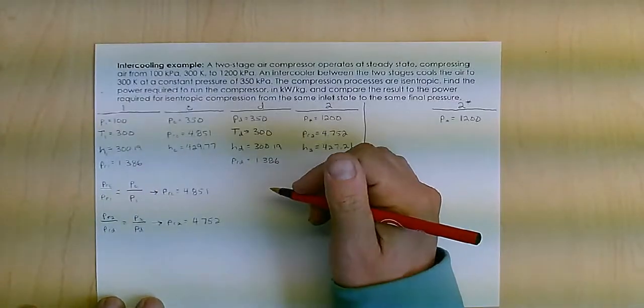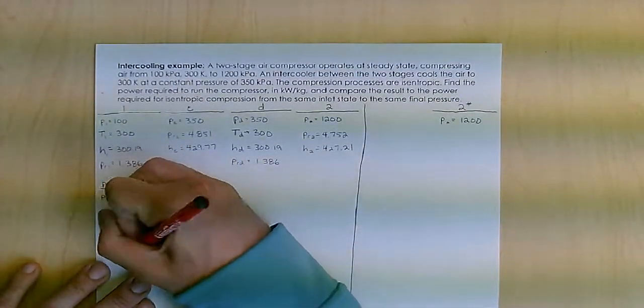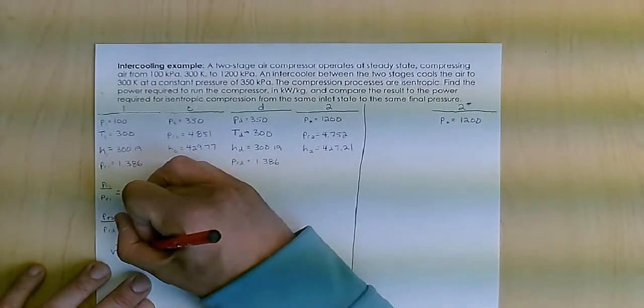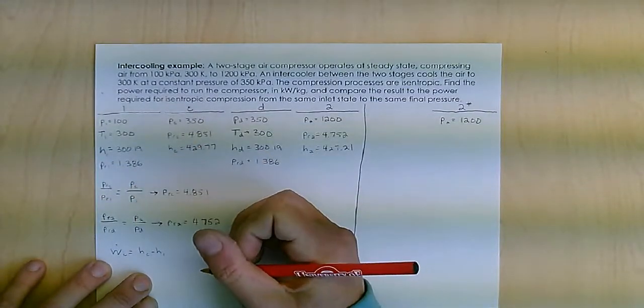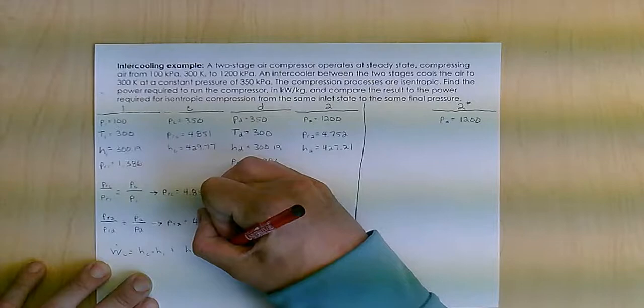Now, in order to find the work, the work of the compressor is just HC minus H1 plus H2 minus HD.